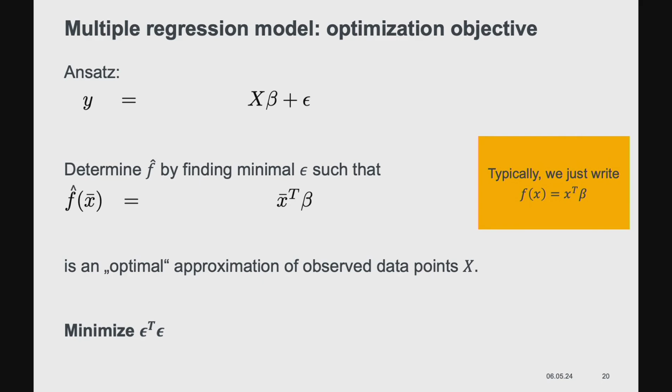The best parameterization would be this one, where you take y minus x beta, which gives you epsilon. And this would exactly be the noise that you have. What you want to say is, if this was the right underlying function, it should have very little noise. If I compare two functions, and one function would assume a lot of noise, and the other function would assume very little noise, then the one with very little noise would be better. Okay, thank you for asking.